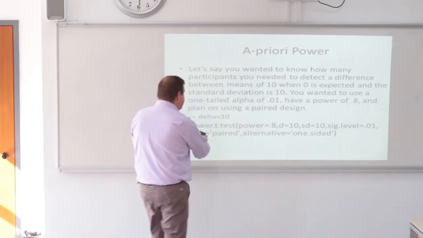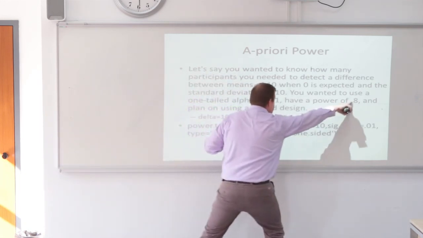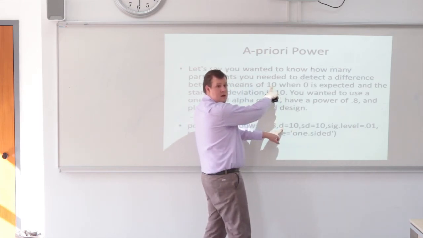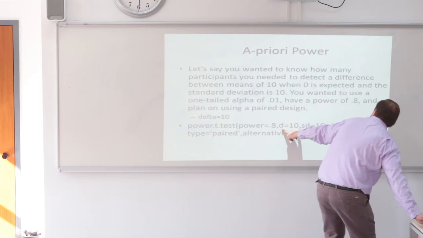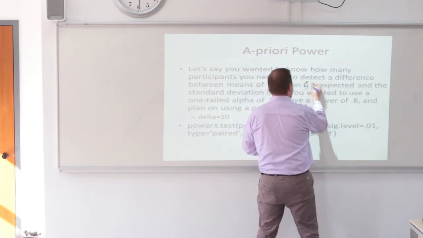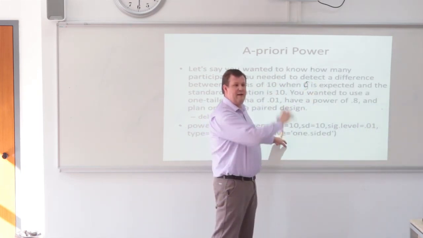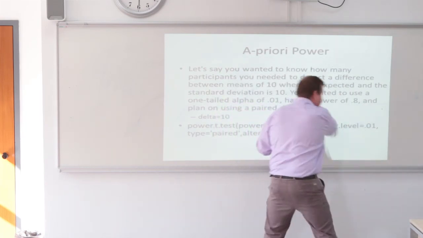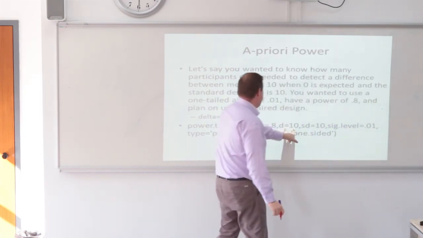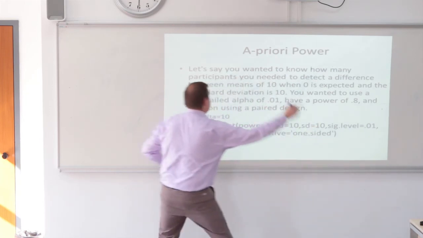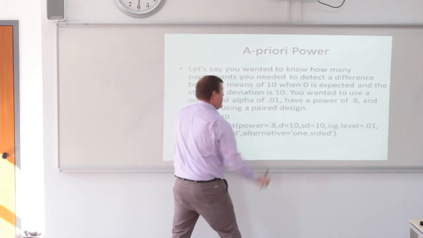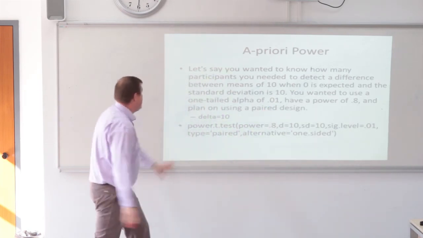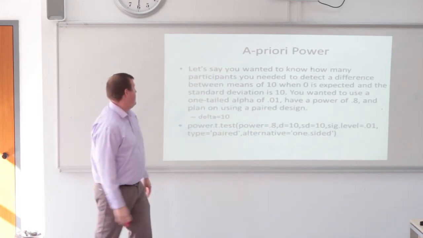So I say power.t-test, power equals 0.8, d equals 10, right? If we specified 5 was expected, then we would have 10 minus 5, just that upper part. Okay, so d is 10. Standard deviation is 10. Significance level, 0.01. You want to use paired.